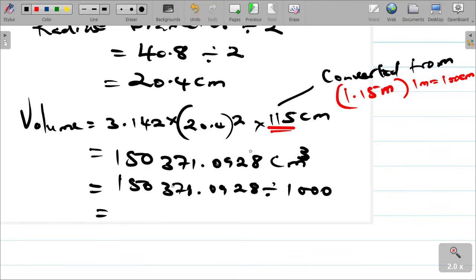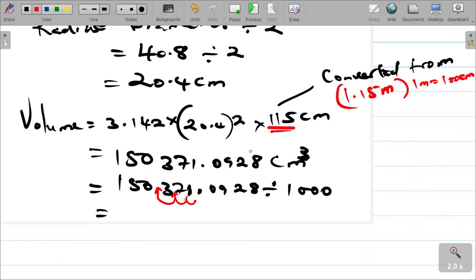When we divide by 1,000, we move the decimal place to the left 3 times: 1, 2, 3.